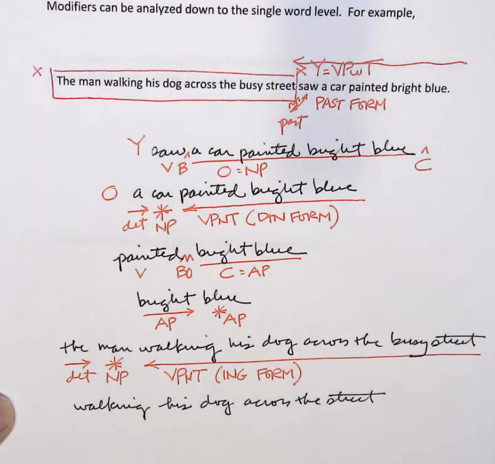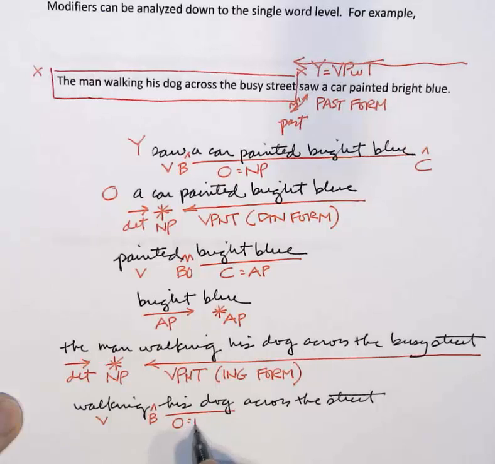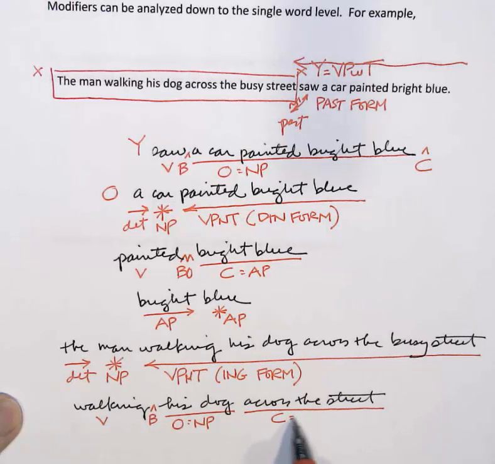That's where they were actually constructed and put. And I'll explain what I mean when I say that in a minute. Walking is the verb. The particle is empty. What was he walking? His dog. Noun phrase. Where was he walking? Across the street. Complement. Prepositional phrase.